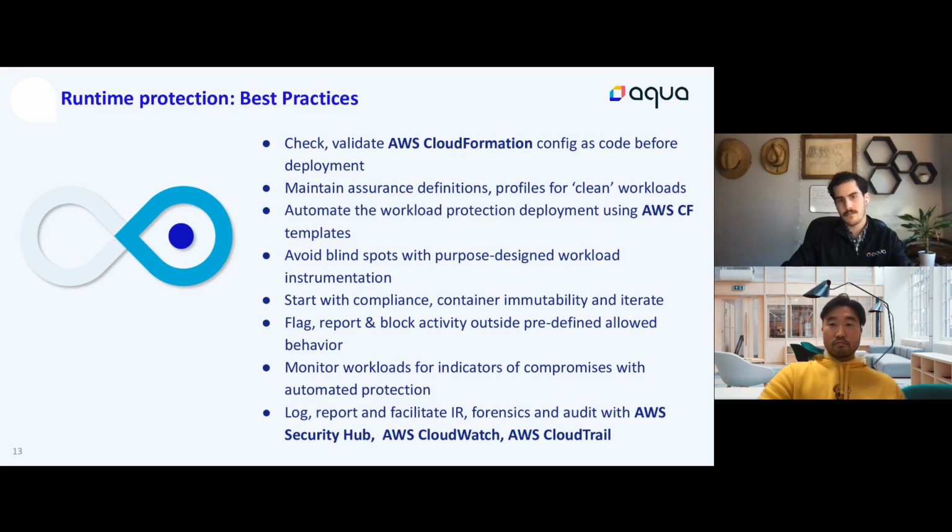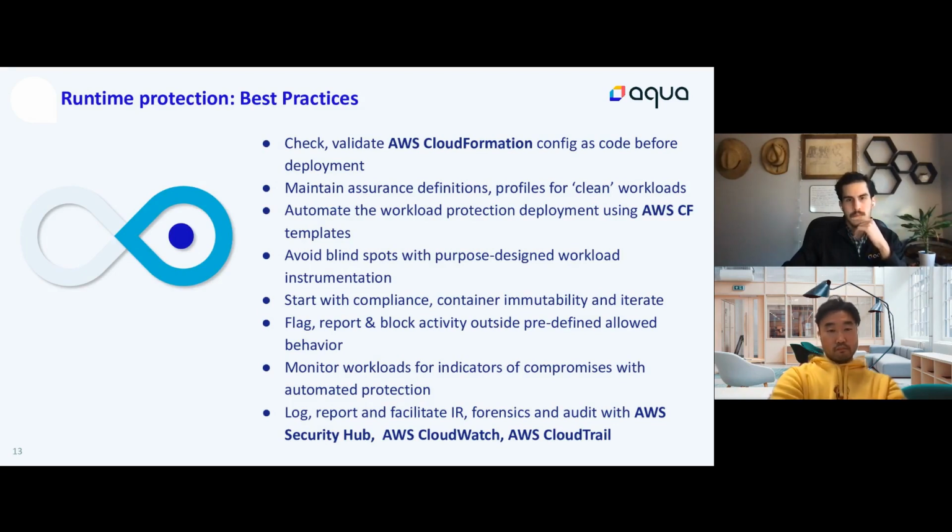So if the image does not meet assurance definitions, if there are embedded credentials, if there are environmental variables included in that image that don't conform to assurance policies, if it's a Kubernetes assurance policy that provides access to the Kubernetes API without any kind of role-based controls around it, you want to stop that from being promoted.